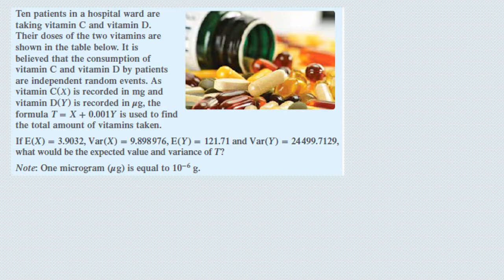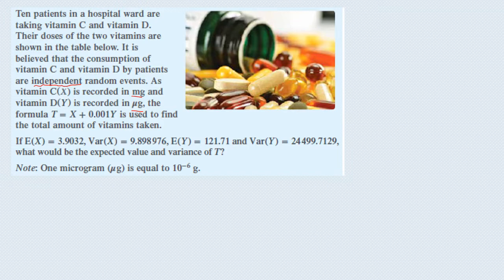I haven't included the table because it isn't relevant to our calculations. It's believed the consumption of vitamin C and vitamin D by patients are independent random events. That's important that they're independent. X is recorded in milligrams and Y is included in micrograms. So we've got different scales here, milligrams and micrograms.